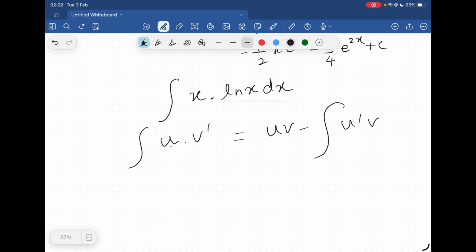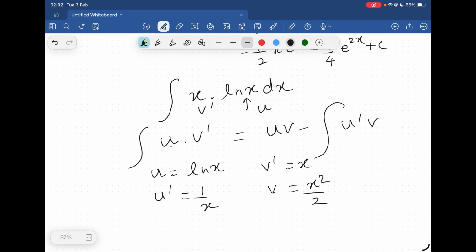So I'm going to take u as ln x, because integrating ln x is comparatively difficult. So I'm choosing x as v prime. So u is ln x, so u prime is going to be 1 over x. So v prime is x, v is going to be simply x squared by 2.